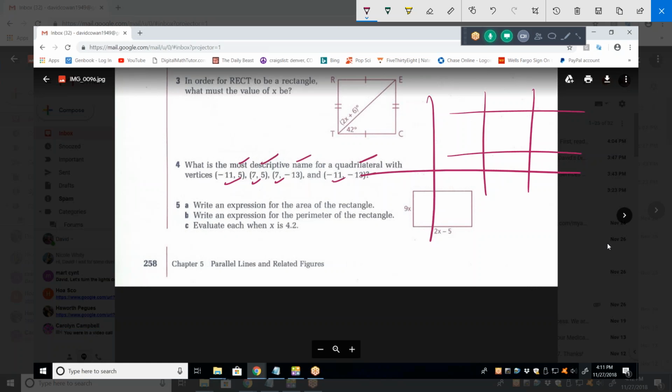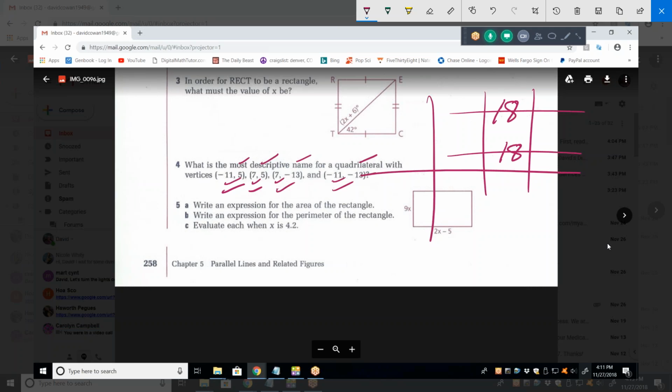Well, what's the distance between the x coordinates? Take these two x coordinates right there. What's the distance between those? -11 and 7, so that would be 18. Okay, so that side's 18. And we have to look at the difference between the y coordinates.